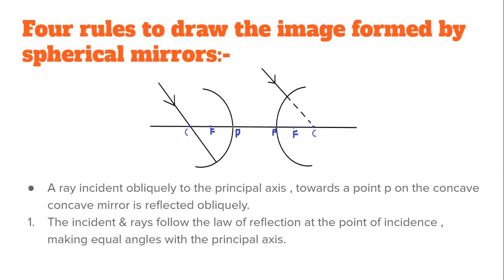And the fourth rule is a ray incident obliquely to the principal axis towards a point P on the concave mirror is reflected obliquely. The incident rays follow the law of reflection at the point of incidence, making equal angles with the principal axis.